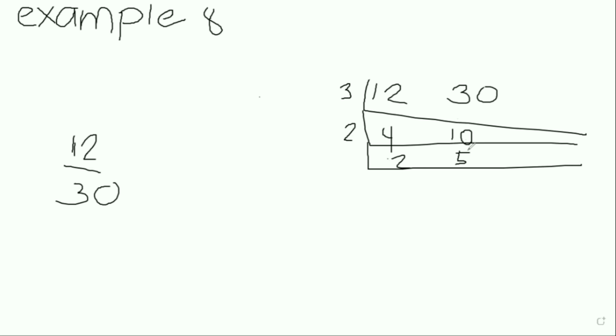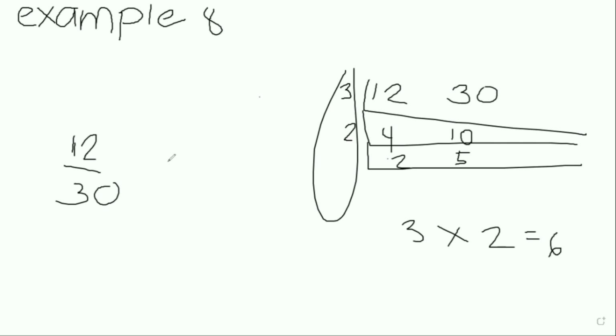Is there any other common factor of 2 and 5 beside 1? The answer is none. So therefore, the GCF of 12 and 30 is 3 times 2, and the answer is 6. So let's divide 12 and 30 by 6. So 12 divided by 6 is 2, and 30 divided by 6 equals 5. Therefore, the lowest term of 12/30 is 2/5.